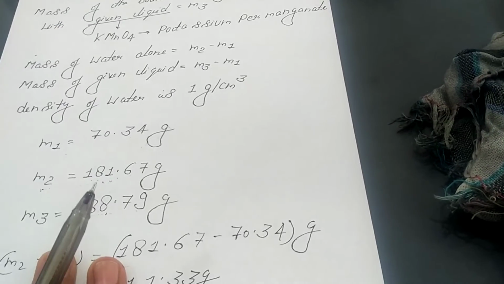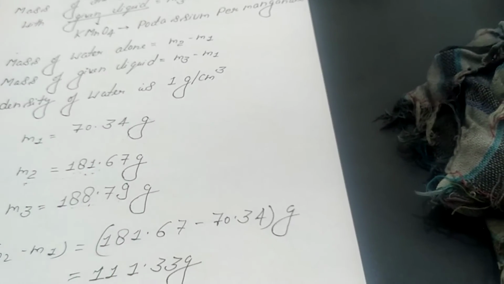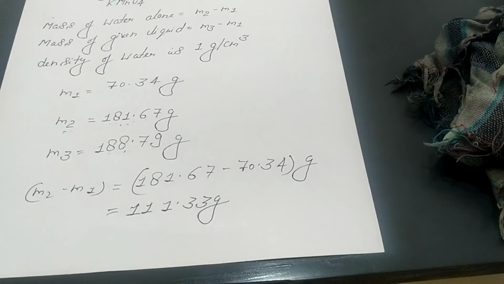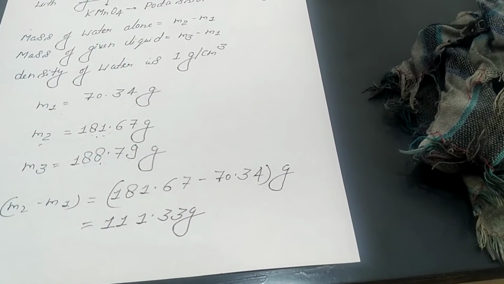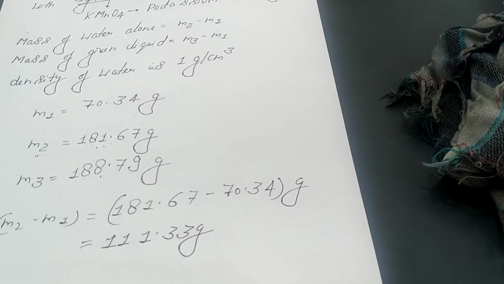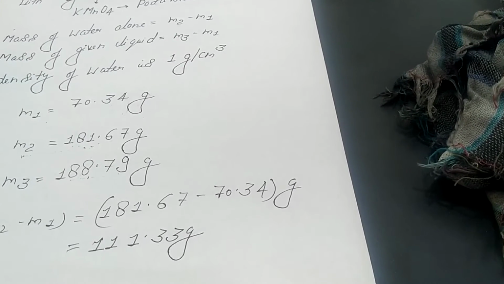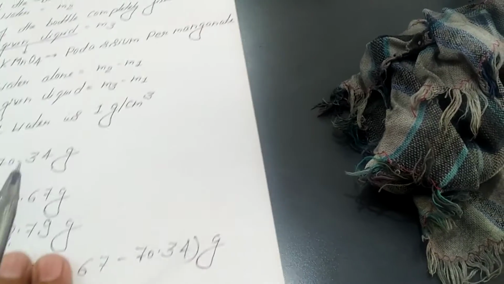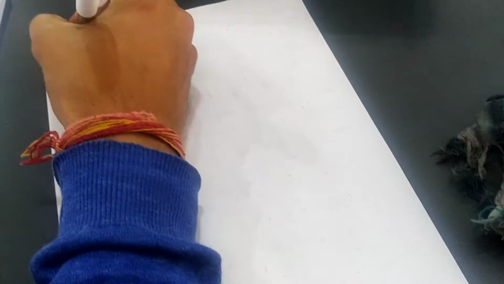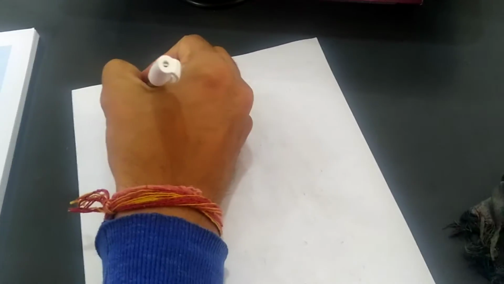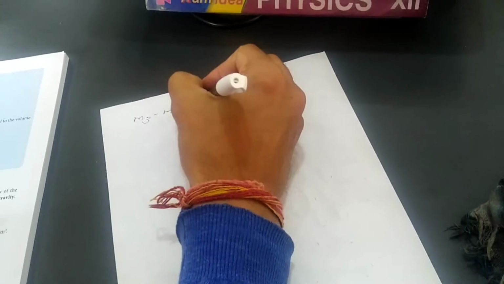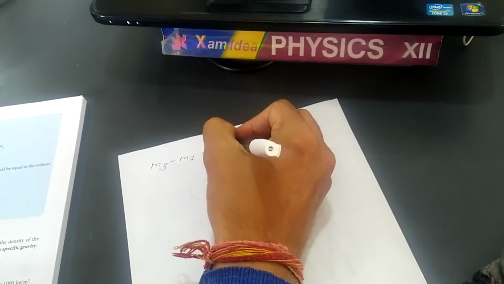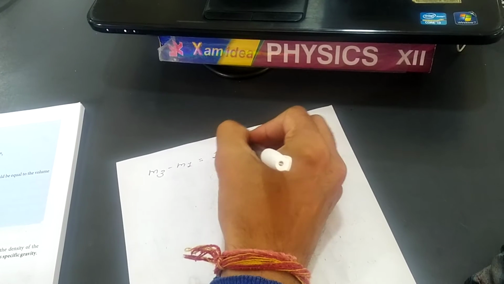So I'll do M3 minus M1. 188.79 minus M1, that is 70.34. So M3 minus M1 is equal to 118.45 gram.